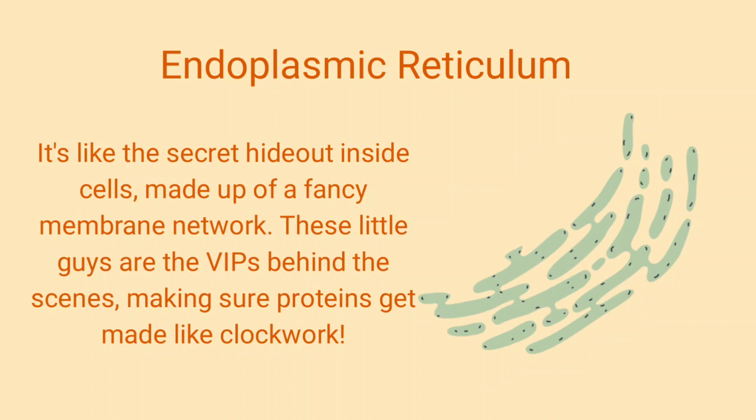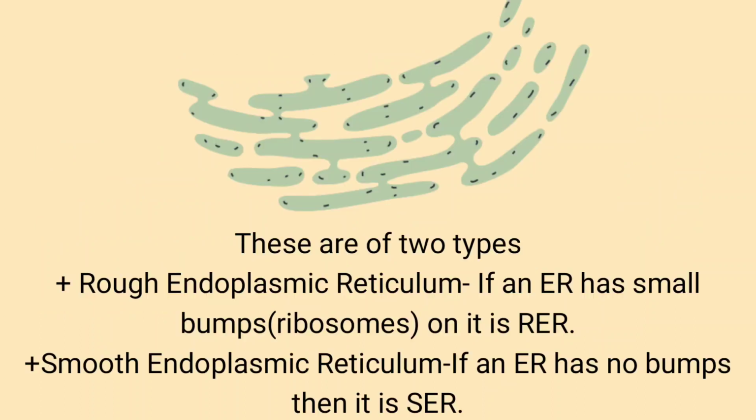These little guys are the VIPs behind the scenes, making sure proteins get made like clockwork. Meaning these also help in the production of protein. And the endoplasmic reticulum is of two types: rough endoplasmic reticulum and smooth endoplasmic reticulum. Rough endoplasmic reticulum has ribosomes attached to it, and smooth doesn't have any ribosomes attached to it.